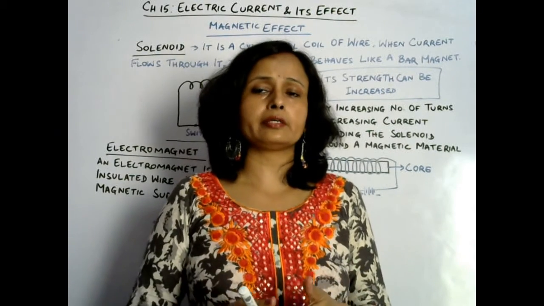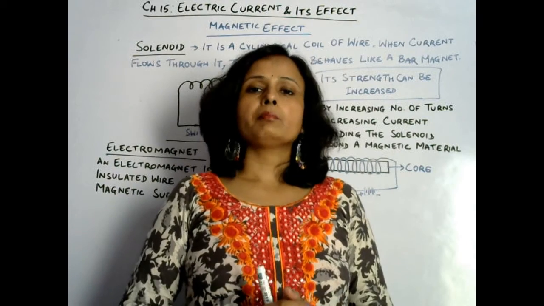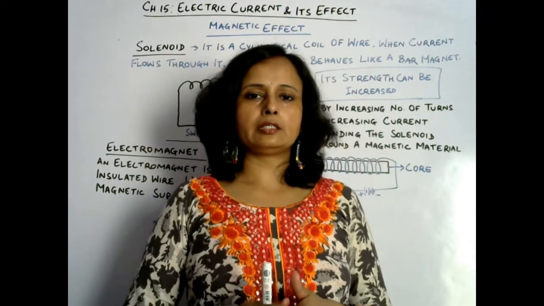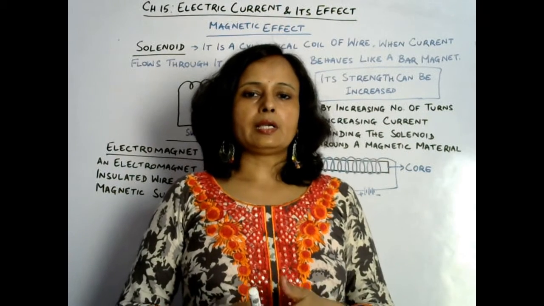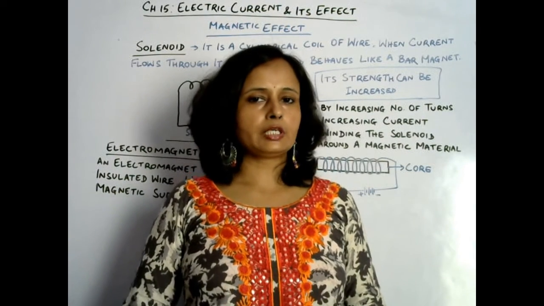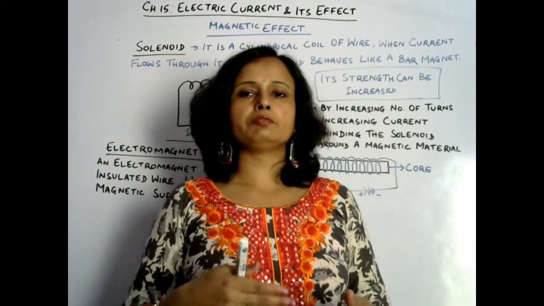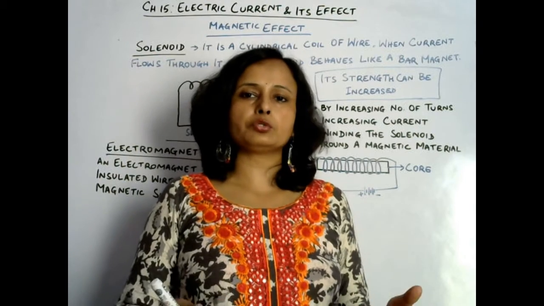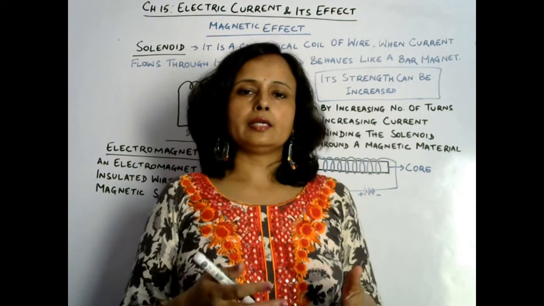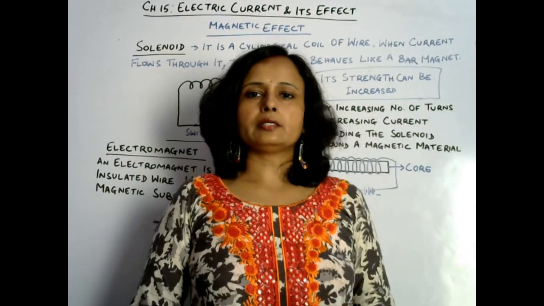It can attract magnetic things anytime. But an electromagnet can attract magnetic things only when electricity is supplied to it. So it depends upon the electricity. It is our choice whether we want to use it or not. If we want, we will supply electricity. If we don't, we will disconnect the electric supply.